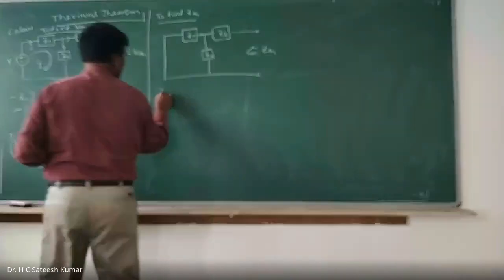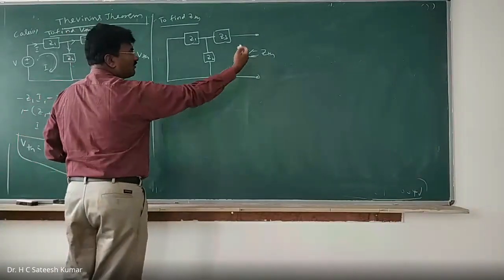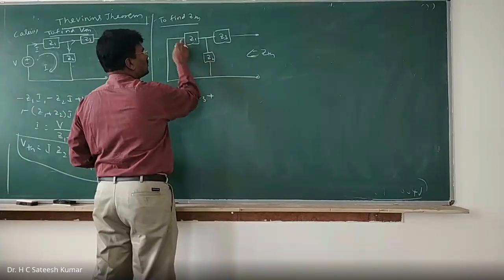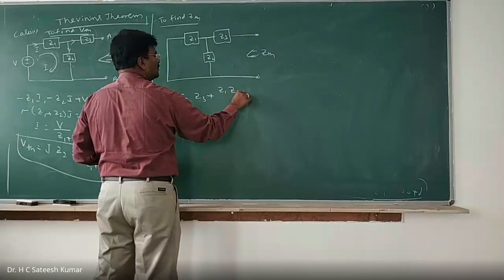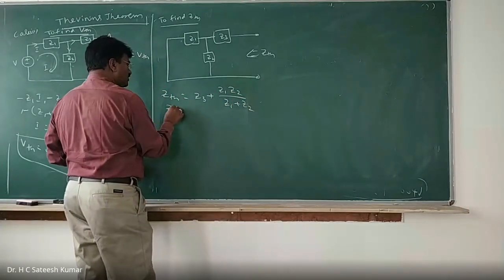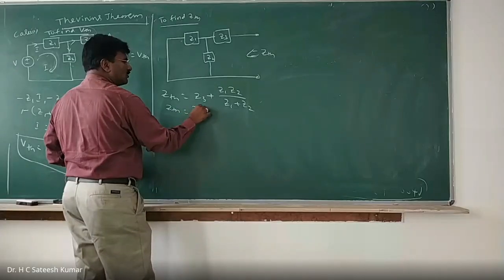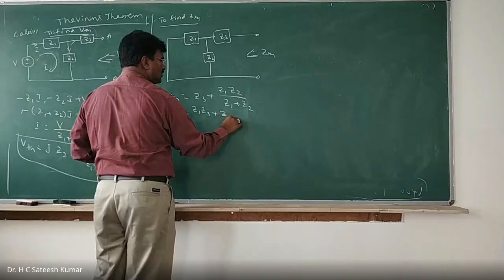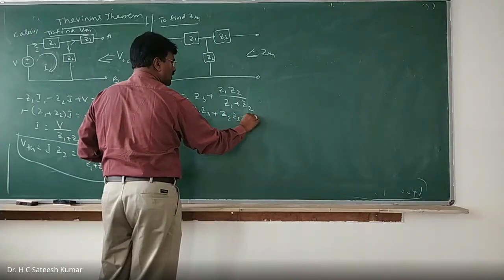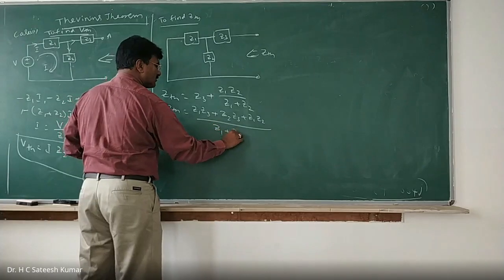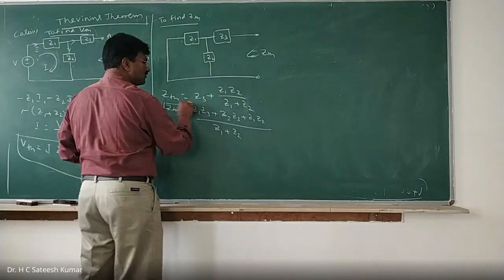Therefore, ZTH is equal to Z3 plus Z1 Z2 divided by Z1 plus Z2. Therefore, ZTH is equal to Z1 Z3 plus Z2 Z3 plus Z1 Z2, whole divided by Z1 plus Z2.